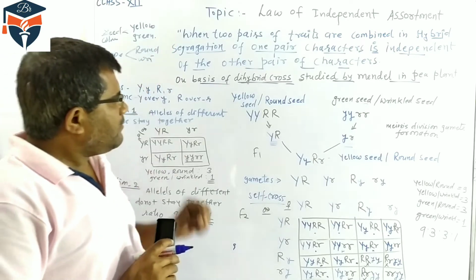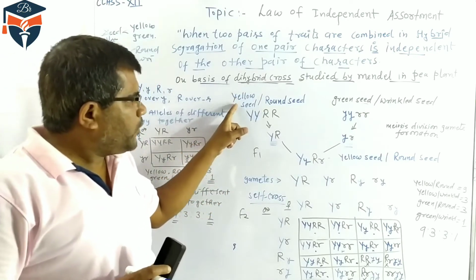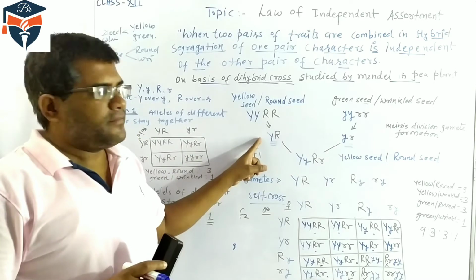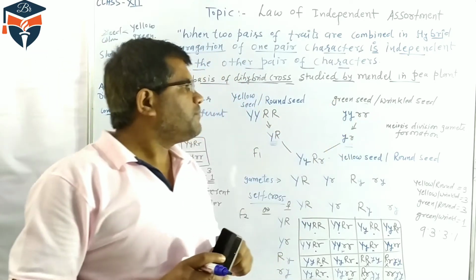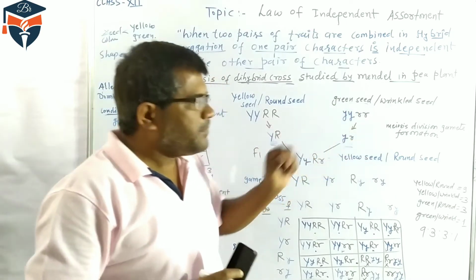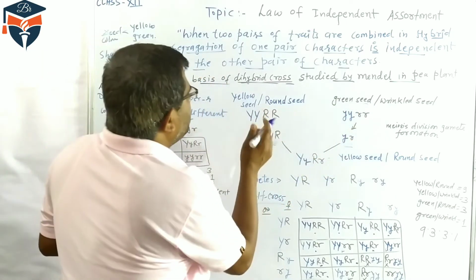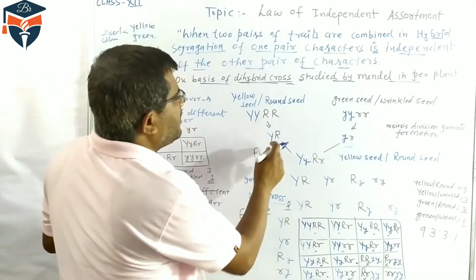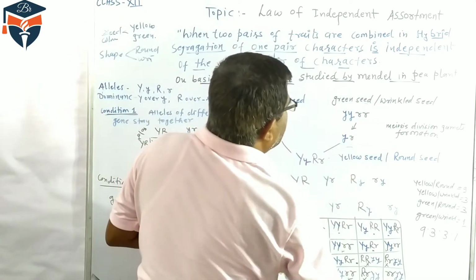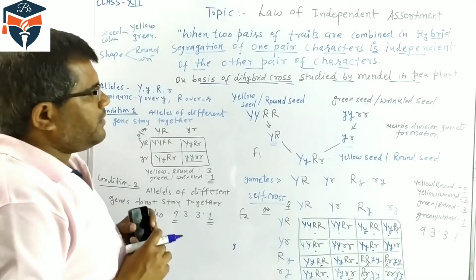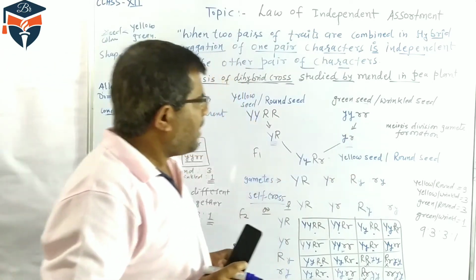So Mendel said that if a pure homozygous parent is crossed with another pure homozygous parent, this parent forms the gamete capital Y, capital R, and the other forms small y, small r.